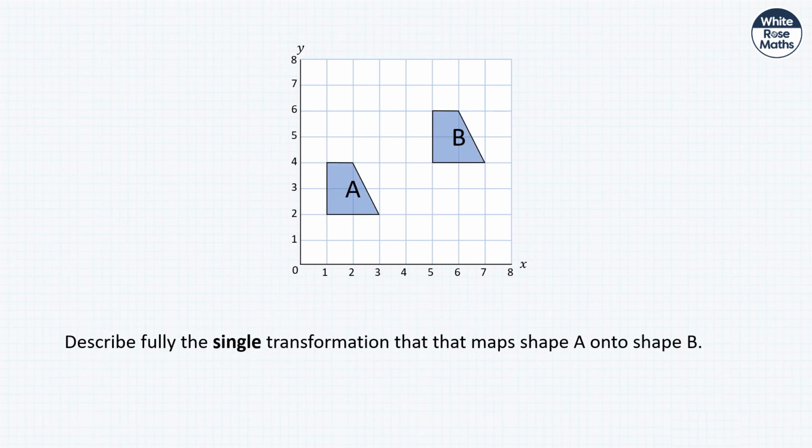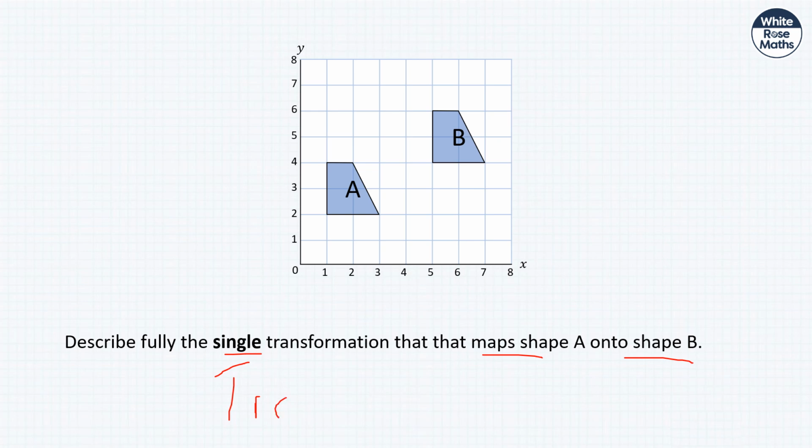Okay, describe fully the transformation that maps shape A onto shape B. Again, this is a classic exam style question, particularly on Edexcel and AQA, worded in this exact fashion. So from A to B is a translation. So 1 mark here for saying the type of transformation.